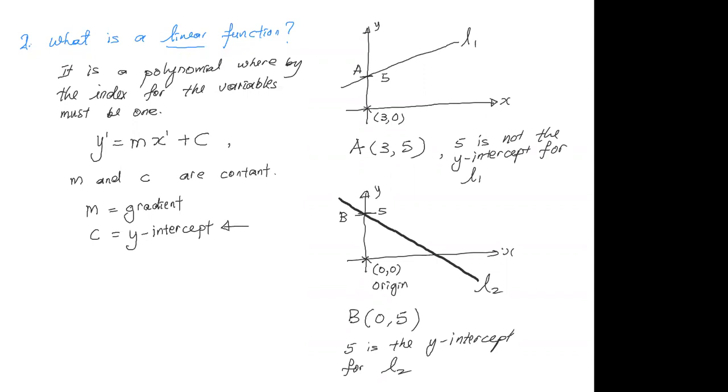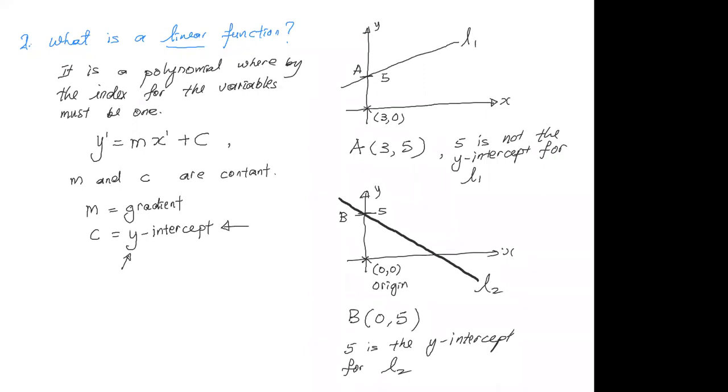When x equals 0? Yes. So when we say y-intercept, please take note, class. I've been teaching for so many years and I explained so clearly in my first lesson, and my students repeat the same mistake.